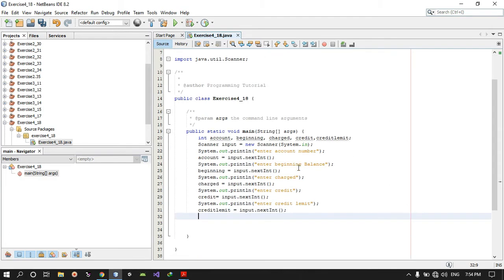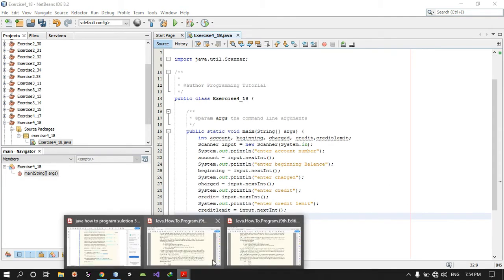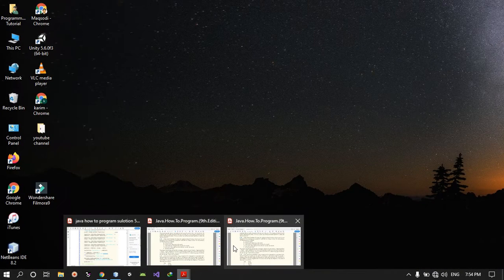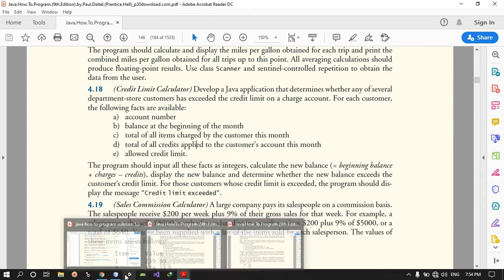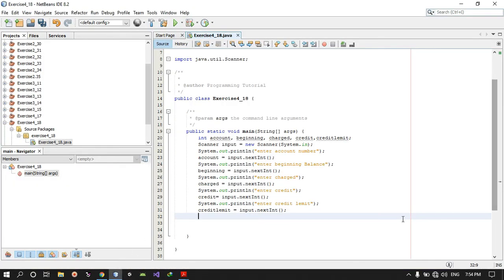Now let's calculate this value. The formula is given here. Here we have the formula that new balance is equals to beginning balance plus charge minus credits. So let's do this.